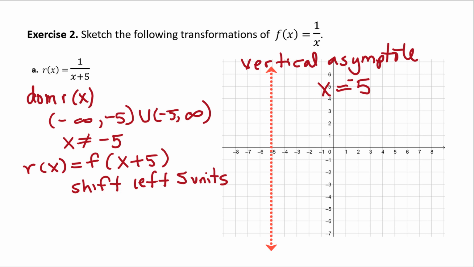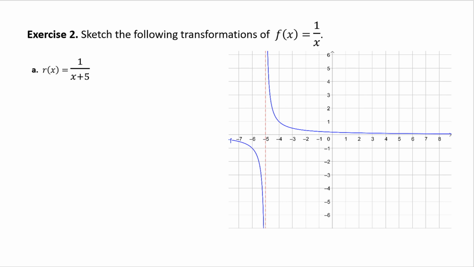And that gives us the graph of r of x equals 1 over x plus 5. Again, let's note, here's the vertical asymptote, and that is the equation x equals negative 5.